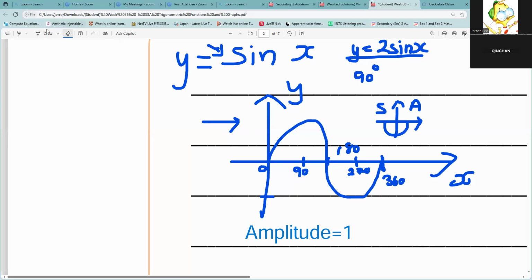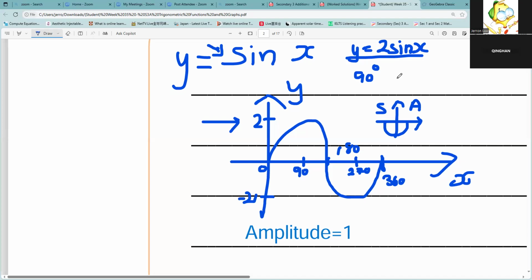Your maximum and minimum have changed to 2 and -2. It just multiplies the value of y by 2. The values differ, but the shape is the same. So it's pretty easy. If they ask you to sketch 2 sine x, you change your amplitude to 2, and the maximum and minimum change accordingly. Please take note of that.